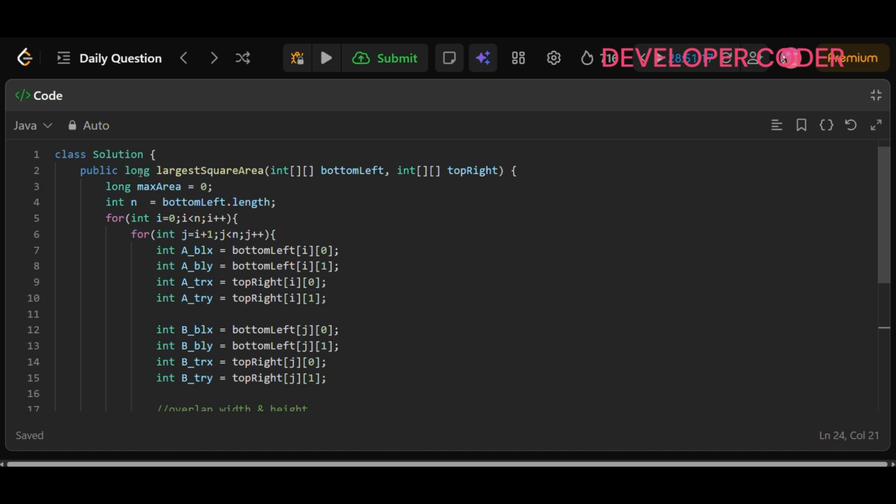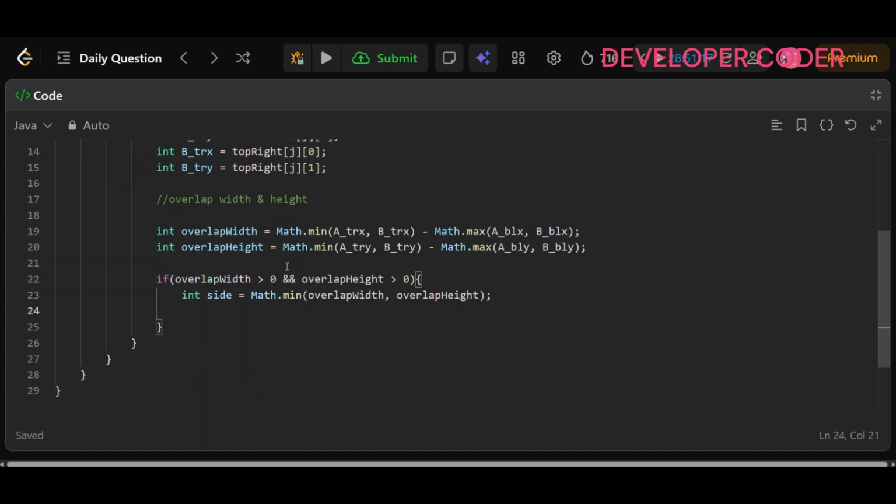Once I get the side, now I have to calculate the area. So here we have to return a long. So here I will write long area is equal to, I will just convert the answer to long, and here I will just do side into side.